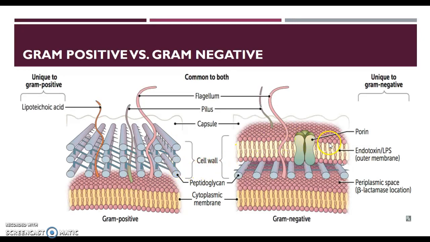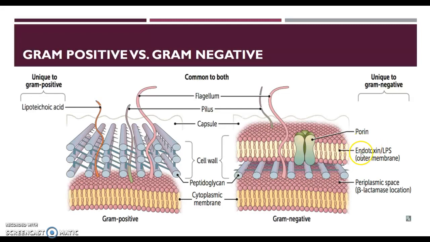In gram-negative cell walls, we also have the cell membrane, but then we have a very small, either single or double layer of peptidoglycan, and then outside of that we have this outer membrane. And this outer membrane is composed of lipopolysaccharides that act as receptors.